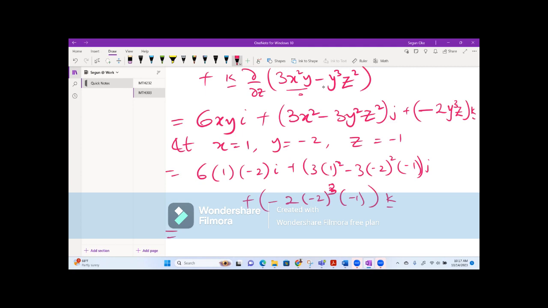What do we have? This is 6 multiplied by 1, 6, times minus 2, minus 12i, plus, let's open the bracket, 3. When you multiply this one, this is minus. What do we have?